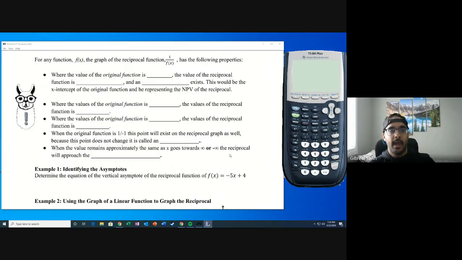Okay, if we turn this, we have a little bit of a cheat sheet when it comes to some of the aspects of these reciprocal functions. The first bullet there says, when the value of the original function is 0, the value of the reciprocal function is non-existent or undefined.